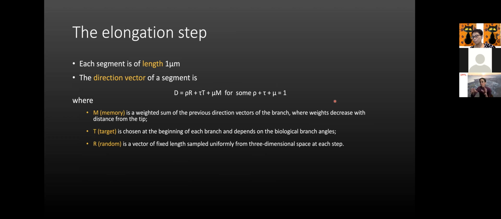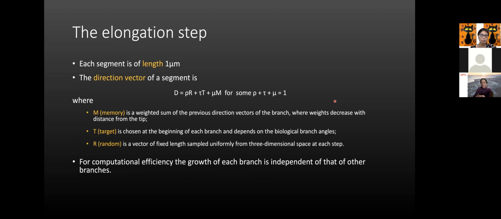There has to be some sort of randomness here to be able to capture the random walk aspect of neurite behavior. And then these branches are each grown independently. So this is just to give some hint of what's going into the synthesis algorithm. And there are variants on this. One can certainly apply it in other contexts, depending on what kind of trees you're interested in studying.